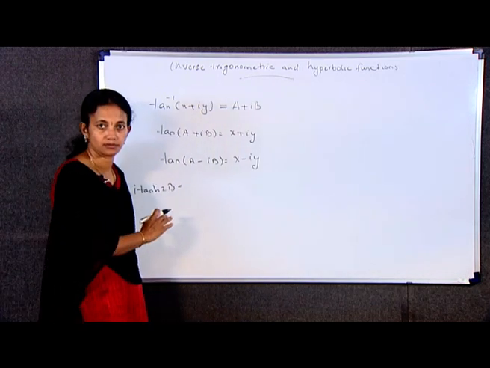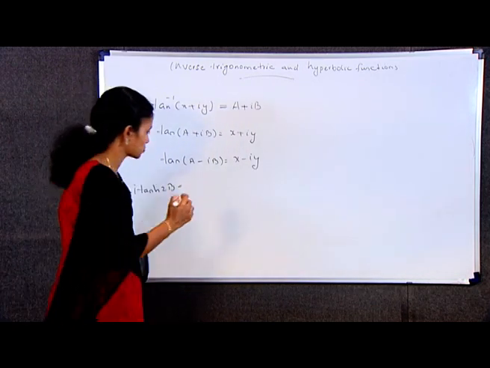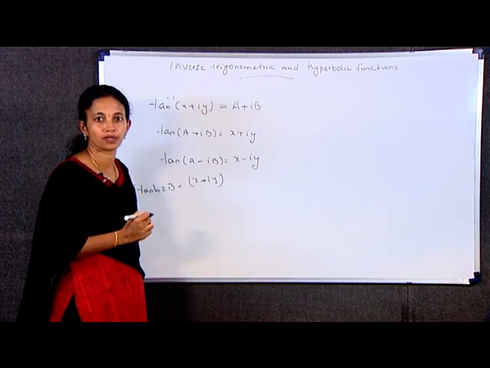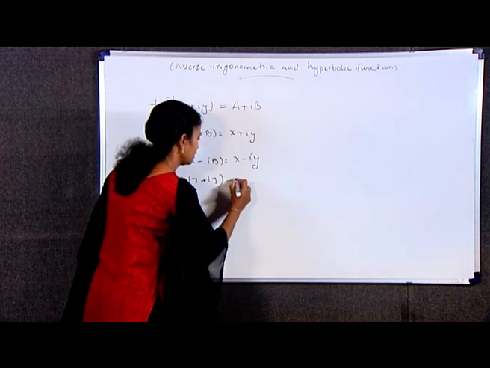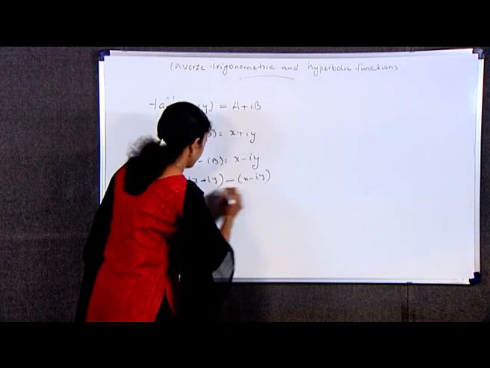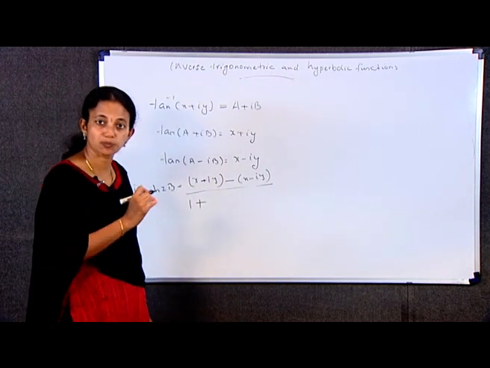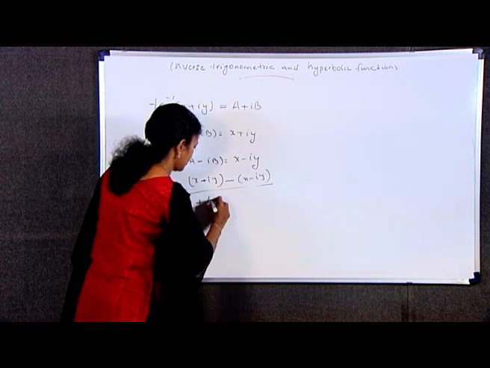Same expression, that is x plus iy minus x minus iy, divided by 1 plus (x plus iy) into (x minus iy).